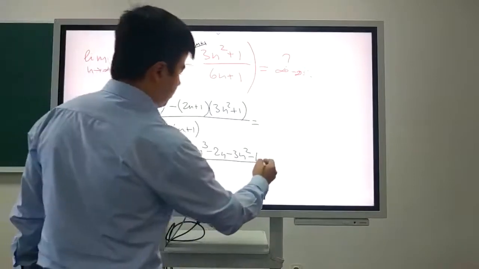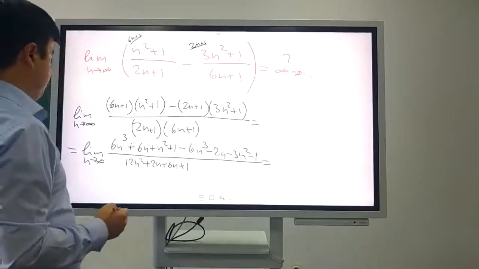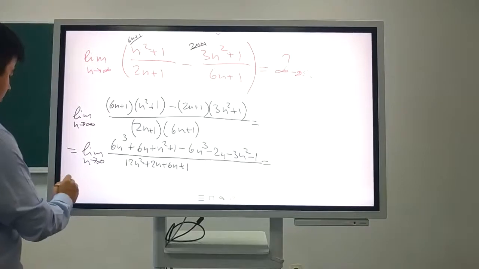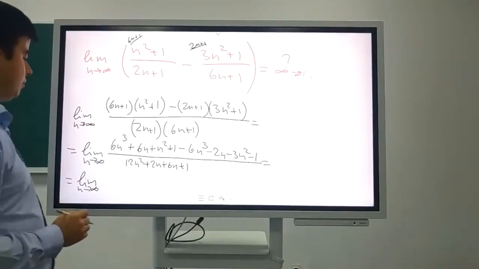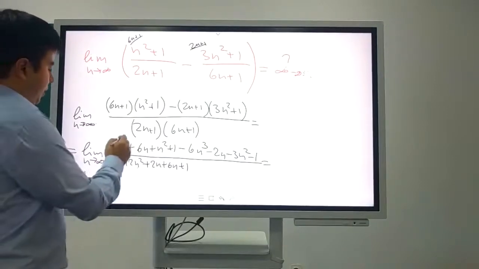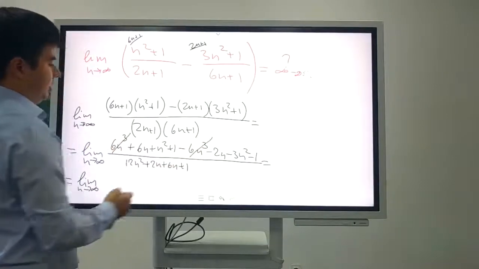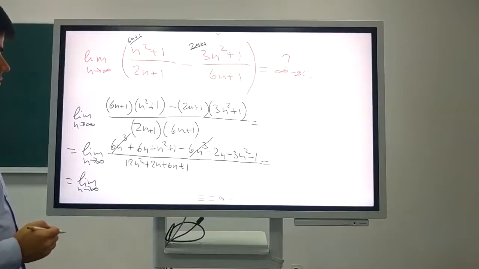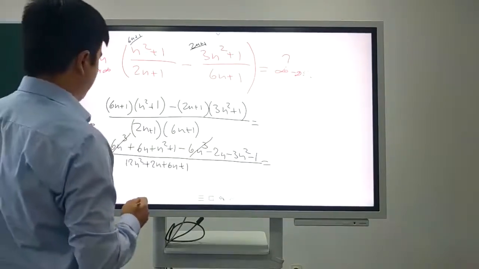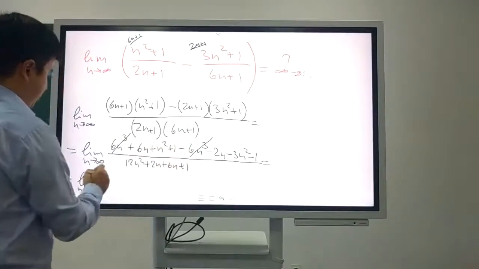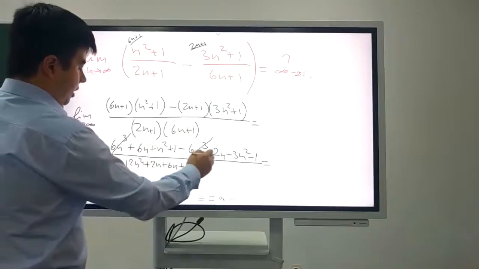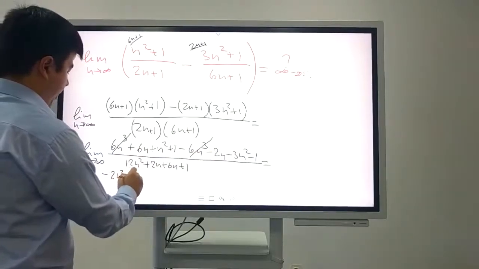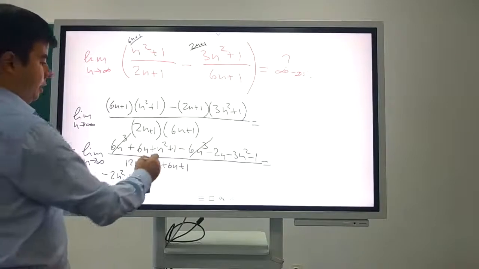And now let's continue. Here the limit as n tends to infinity. As you can see, we cancelled 6n cubed with 6n cubed, and we get the next one. So it is minus 2n squared, and now for the n terms, 6n minus 2n is plus 4n, and the constants are also cancelled.